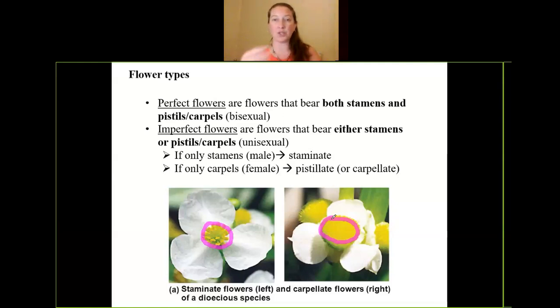And this is a situation you would have on a dioecious species. So if you have sexes in 2 houses, right, 2 different plants have the sex organs, that must mean that you have to have imperfect flowers on dioecious species, because each flower on each tree only has one of the sex organs. Okay.